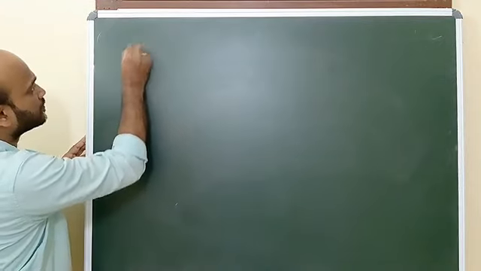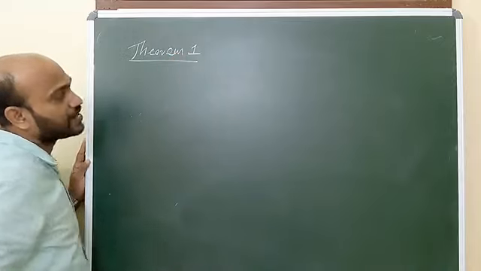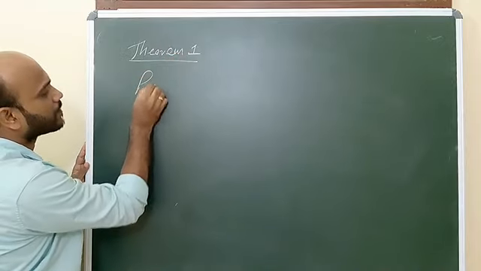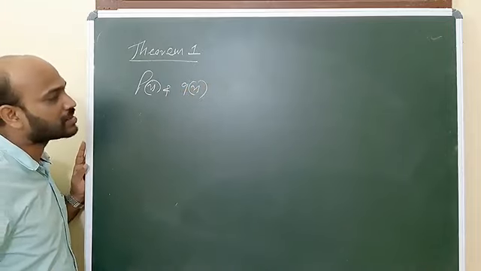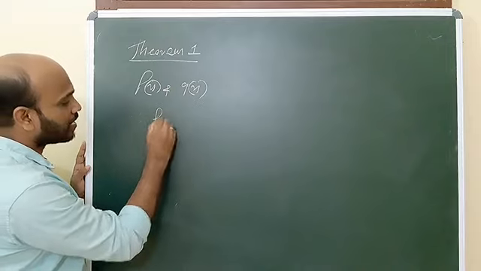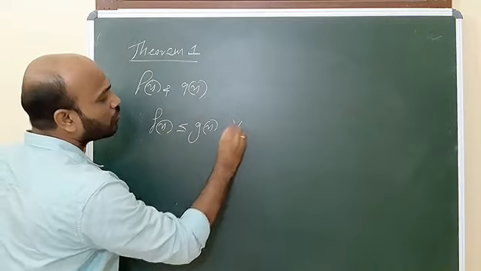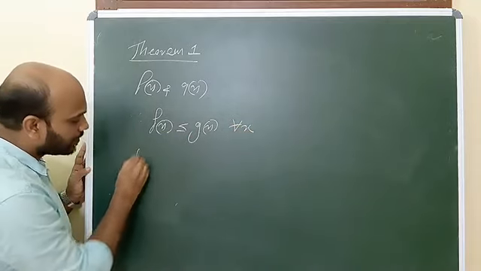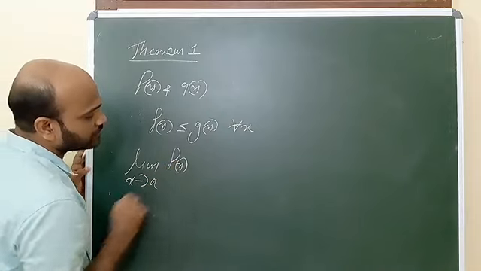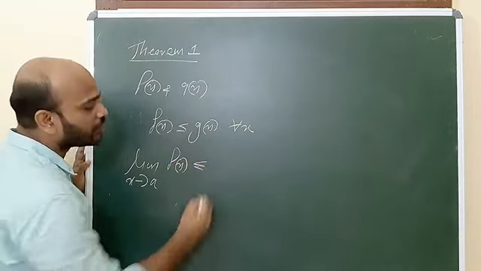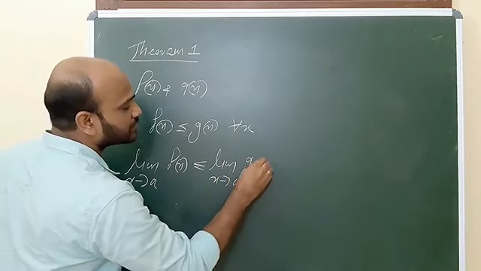Theorem 1 states that if f of x and g of x are two real functions satisfying the condition f of x less than or equal to g of x for all x, then limit x tends to a, f of x will always be less than or equal to limit x tends to a, g of x.